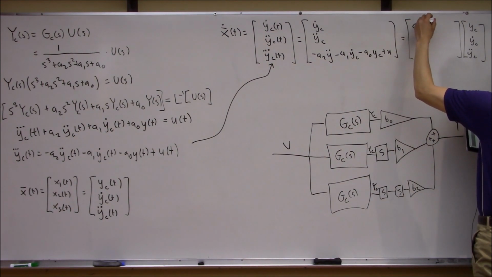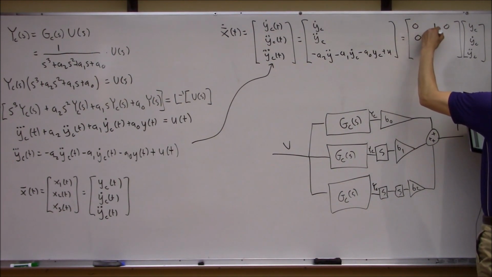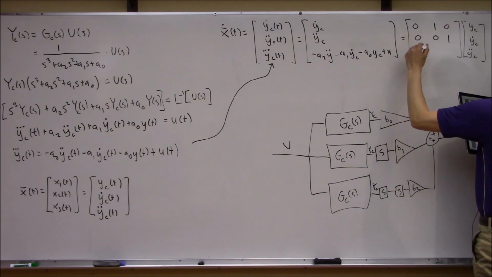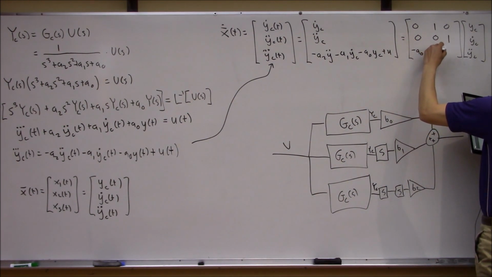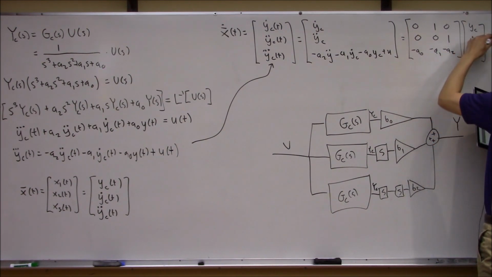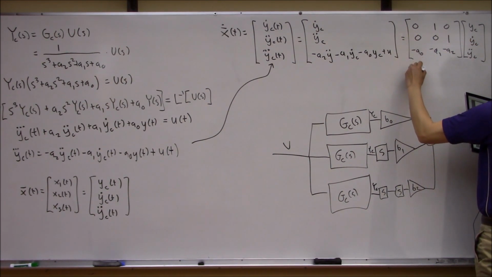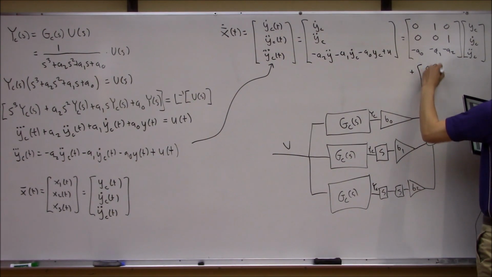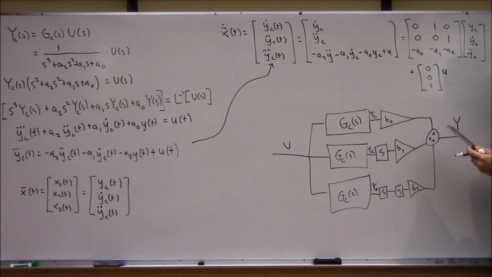So now we see this is going to be a 0, 1, 0, 0, 0, 1, and then we end up with minus a0, minus a1, minus a2, right? And then I need a plus 0, 0, 1 times u, right? Would everyone agree? Great.